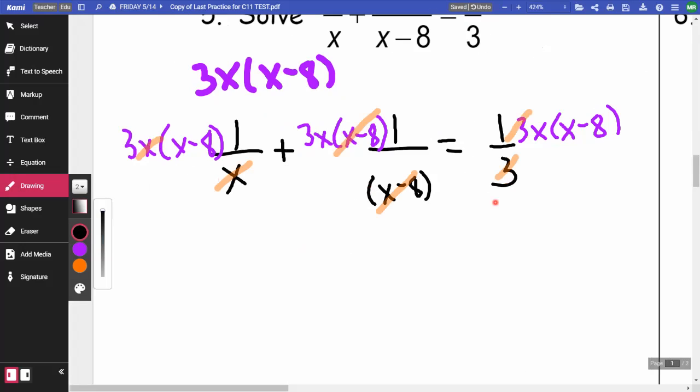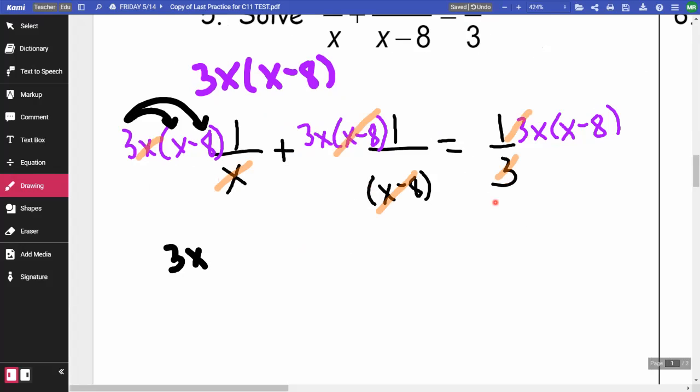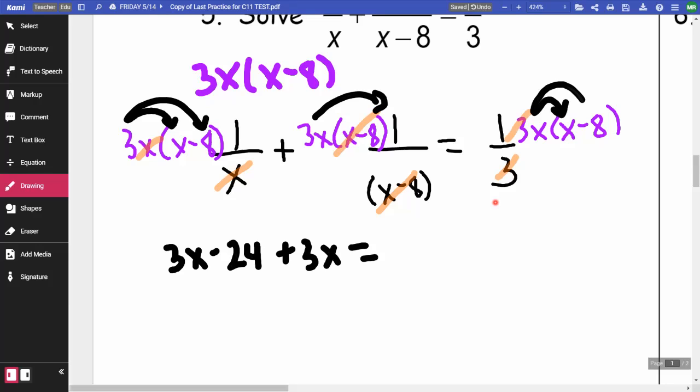And now let's see what I get. Here, my 3 is going to distribute to both of those. So I get a 3x minus 8 minus 24. Over here, I'm going to get 3x times 1. So that's just going to be a 3x. On the other side, I'm going to have x that's going into both of these.